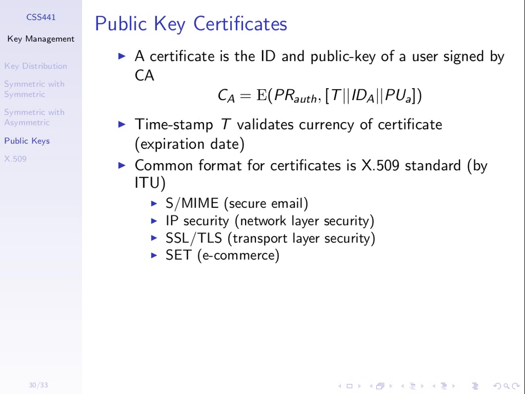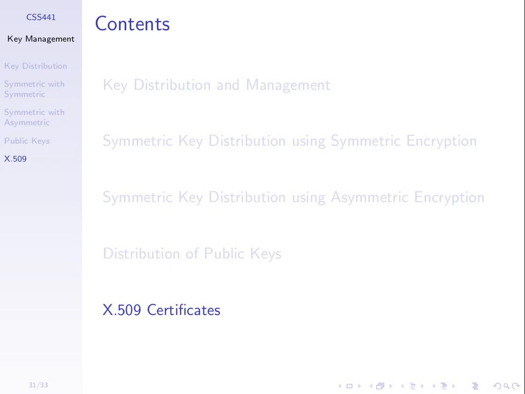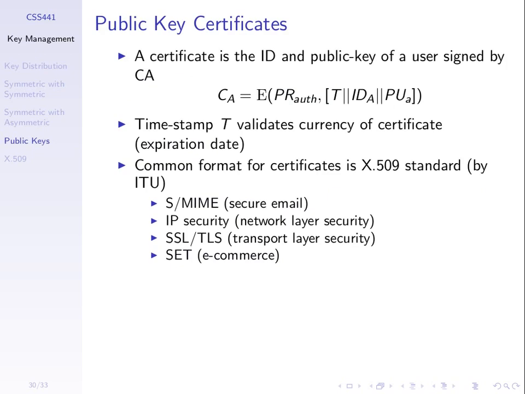But it's the same security as encrypting the entire message. It's just more practical to encrypt the hash value. So we'll talk about X509 certificates, the format, and then I'll show you some examples and see how they're used.